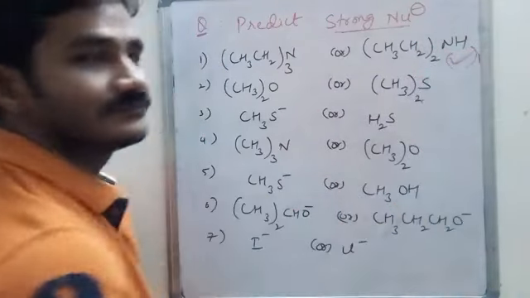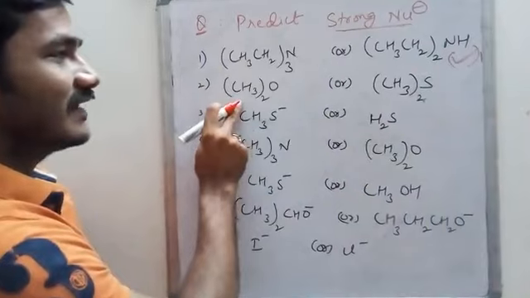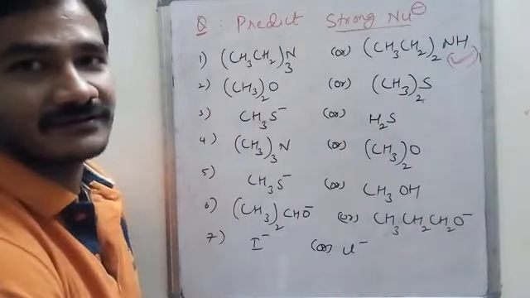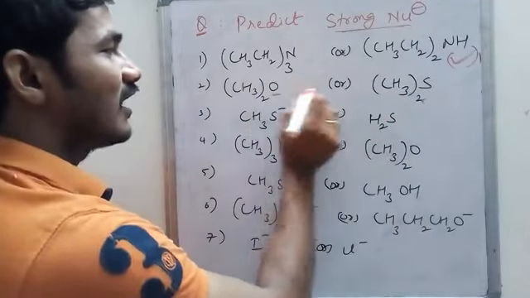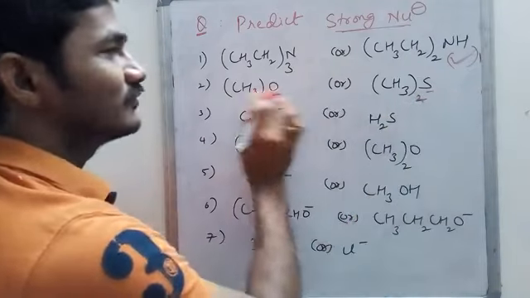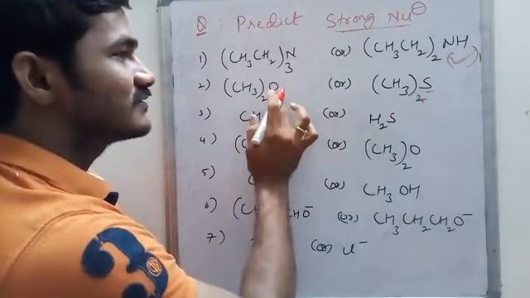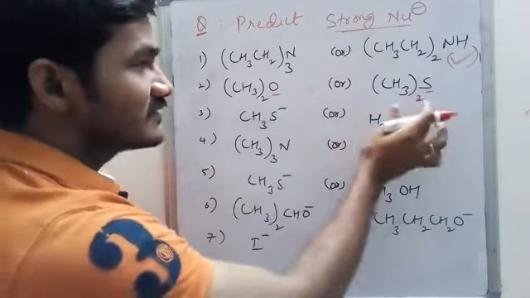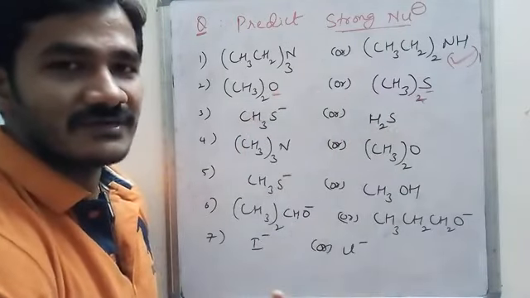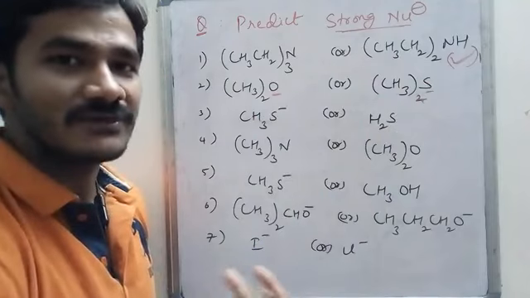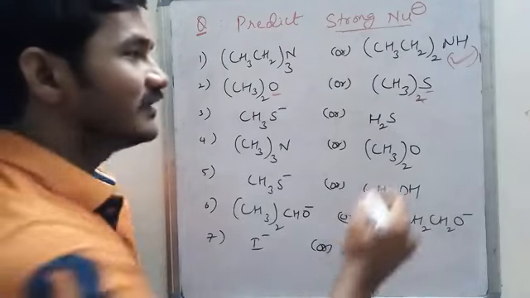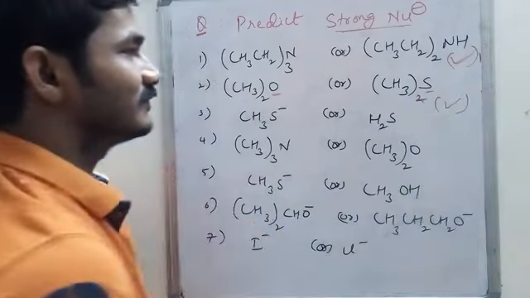This can be taken. Next, this is dimethyl ether, this is dimethyl sulfide. Bulkiness is the same, both have dimethyl groups. But comparing oxygen and sulfur, sulfur has more atomic size. When atomic size increases down the group, polarizability increases, and nucleophilicity also increases. So it is a strong nucleophile.